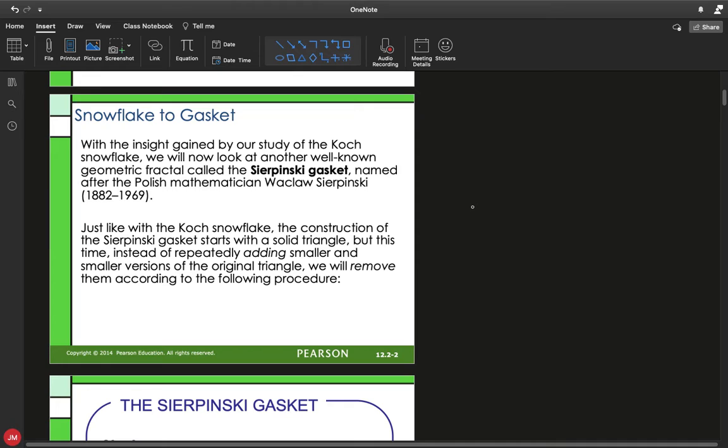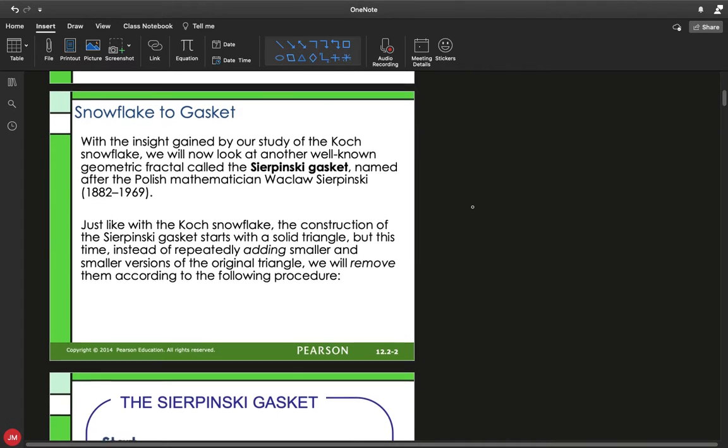Now, just like the Koch snowflake, we start with the solid triangle. And if you remember, that's what we did with the Koch snowflake as well. And then we have this recursive process where we repeatedly add smaller versions of the original triangle for the Koch snowflake, whereas we remove them for the Sierpinski gasket.